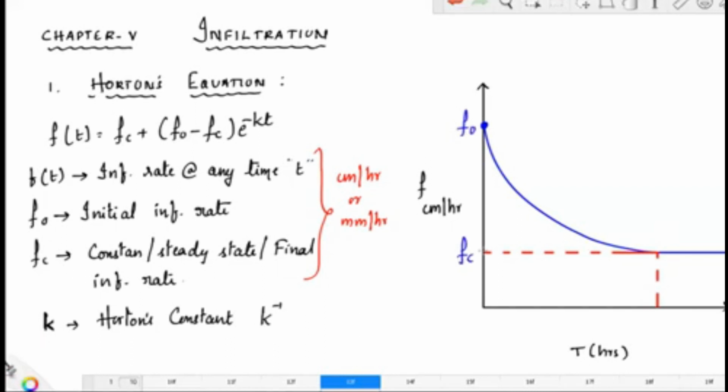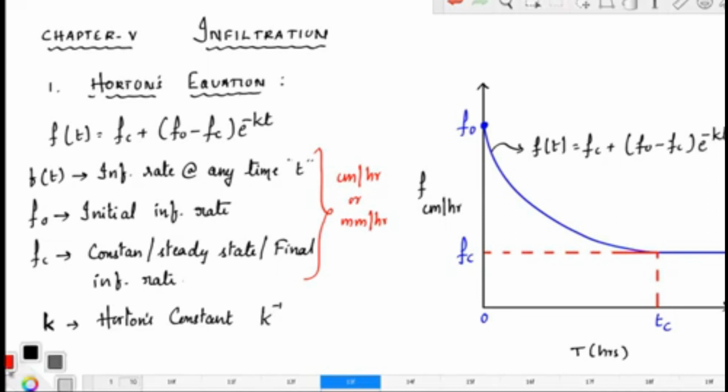This is fc. This is tc I have taken. This is time t equal to 0. Now for this curve, the equation will be f of t is equal to fc plus (f naught minus fc) e to the power minus kt.